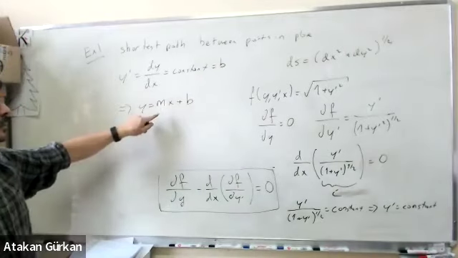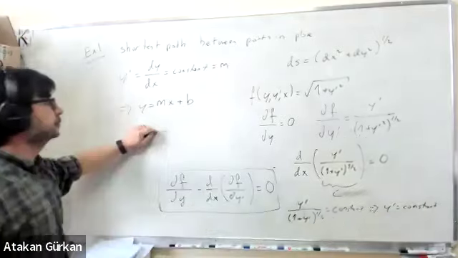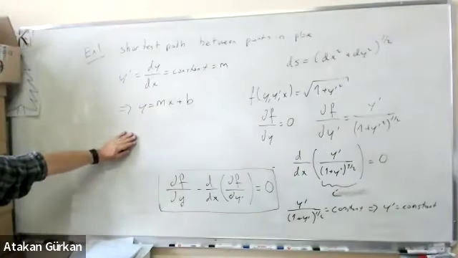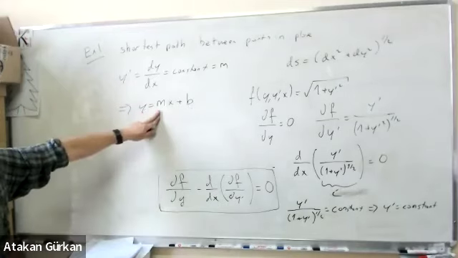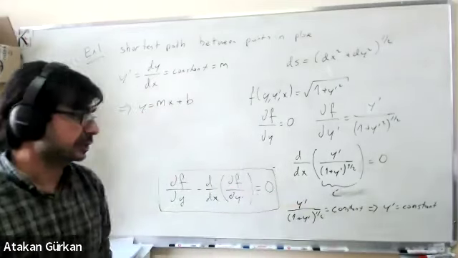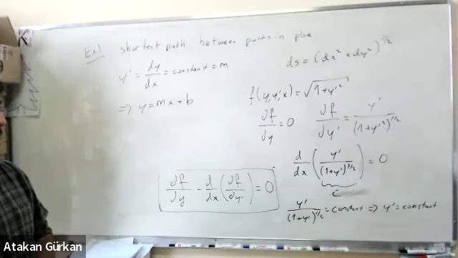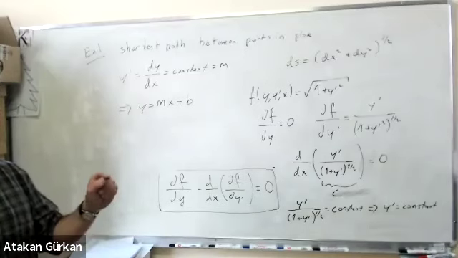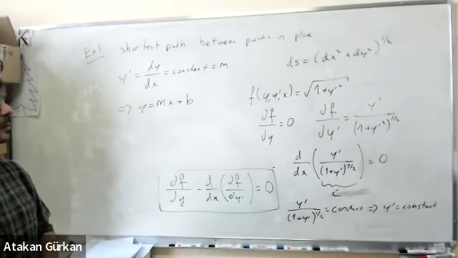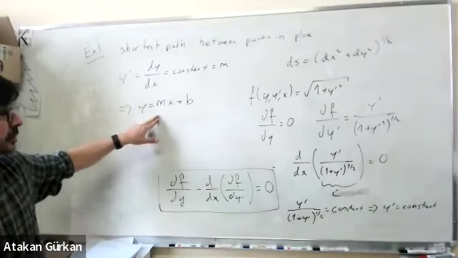You take the derivative with respect to x, you just end up with m. So p is another integration constant. This m is a constant that depends on our first integration constant. So they are determined by the endpoints. Given your 2 points in the plane, they are going to determine your slope and intercept. But it has to be a straight line.